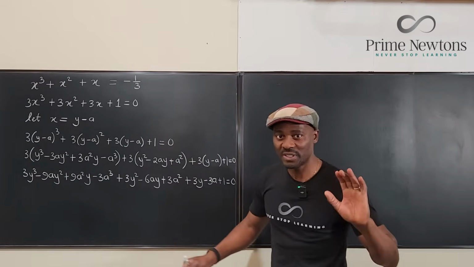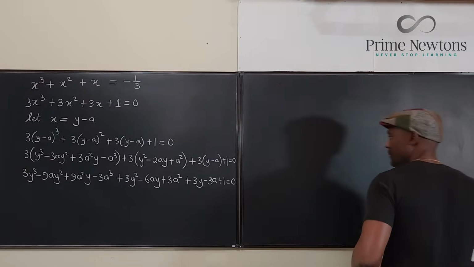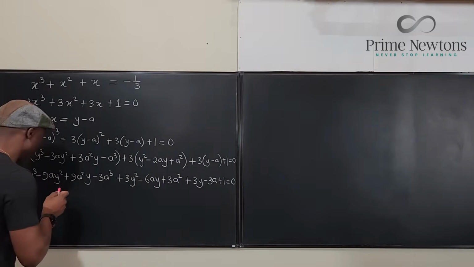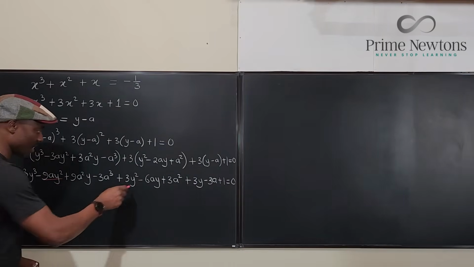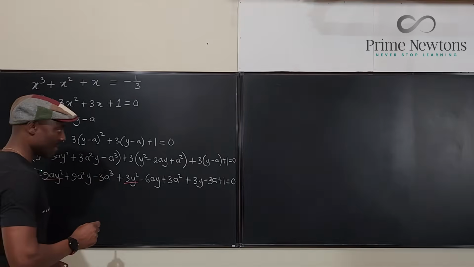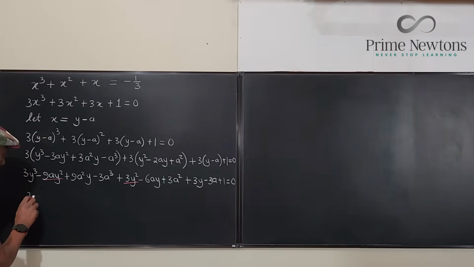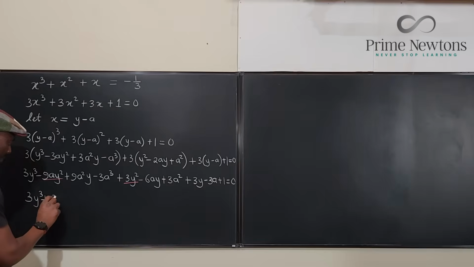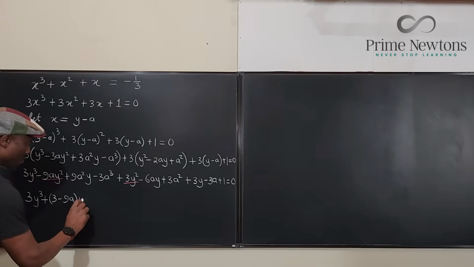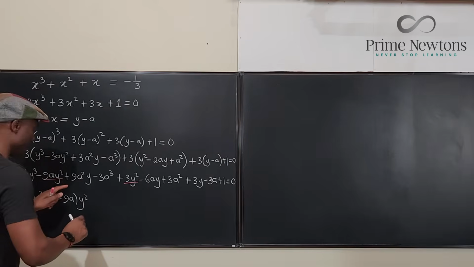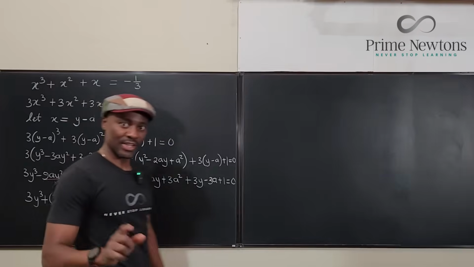Now the terms containing y squared will be this term, and that's it. So we can say this is 3y cubed, plus 3 minus 9a, times y squared. And then let's do the terms that contain y. Let's change the color.